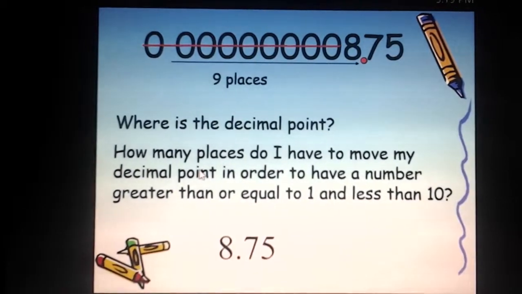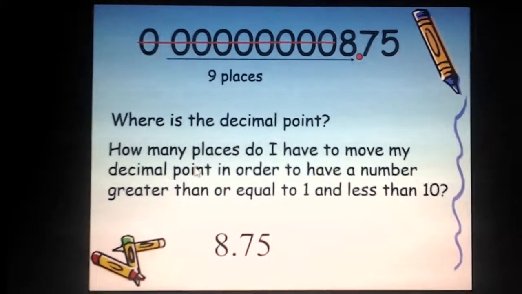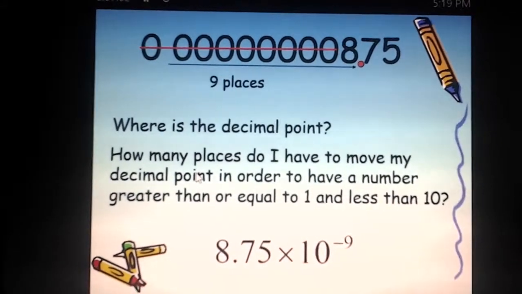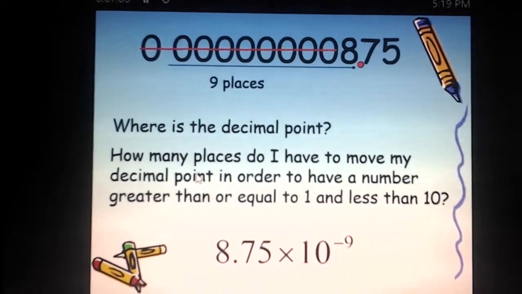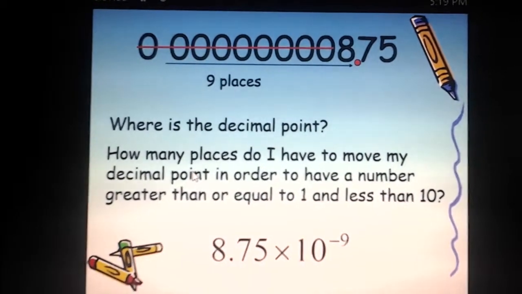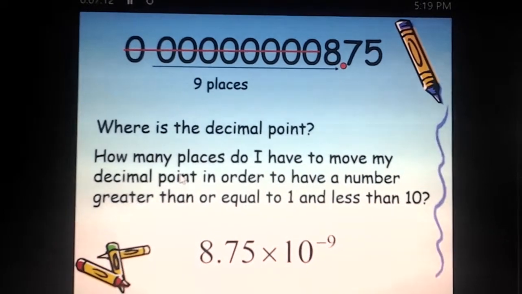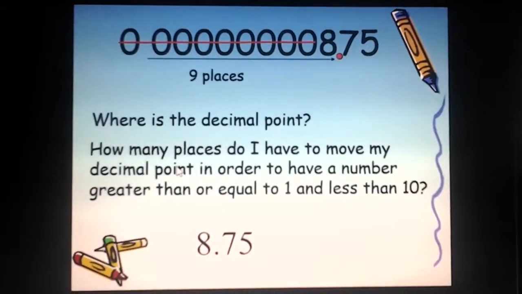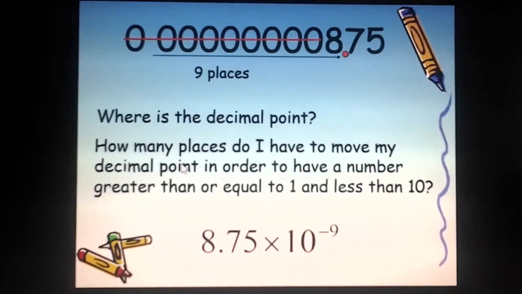So, that is 8 and 75 hundredths times 10 to the negative 9 power. Again, because we're moving it to the right, very simple, it will be negative. If I move the decimal over from the original to the left, it'll be positive.